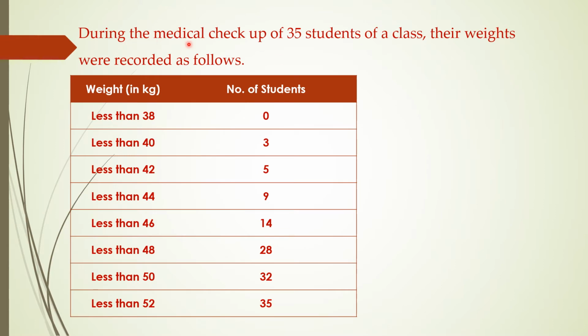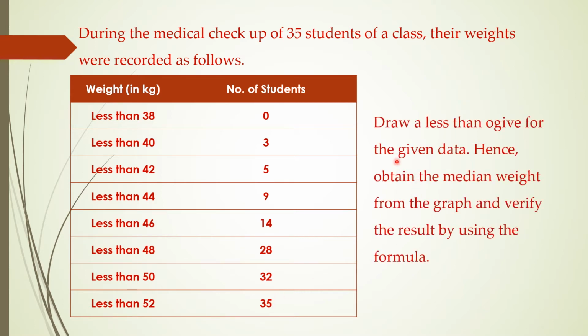During the medical checkup of 35 students of a class, their weights were recorded as follows. Less than 38, 0 students; less than 40, 3 students; less than 42, 5 students; less than 44, 9 students; less than 46, 14 students; less than 48, 28 students; less than 50, 32 students; less than 52, 35 students.